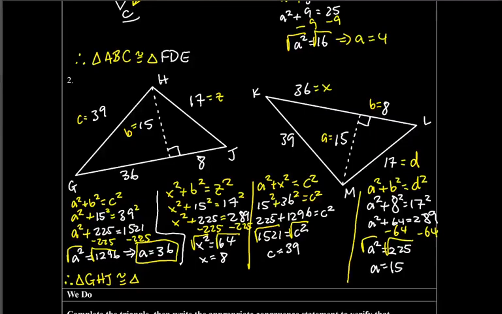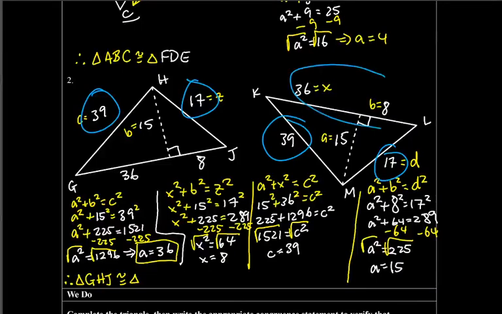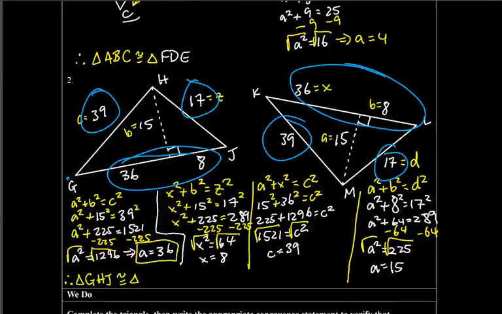So let's look at what we have here then, now that we've done this all. We have 39, we have 17, and we have 36 plus 8. So we have GHJ. So we got to figure out what G, H, and J corresponds to here.